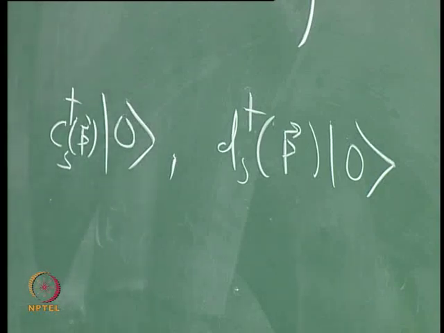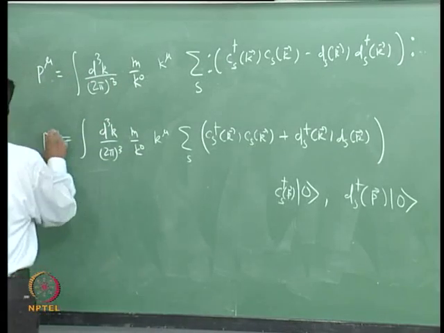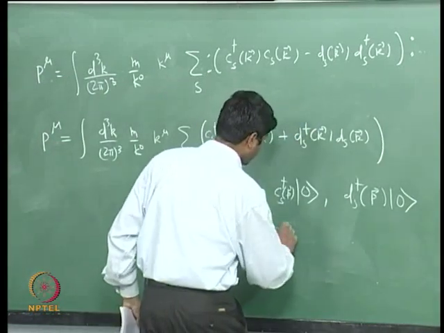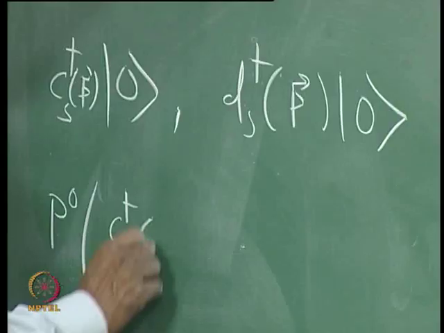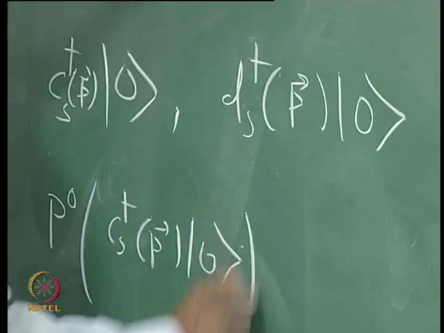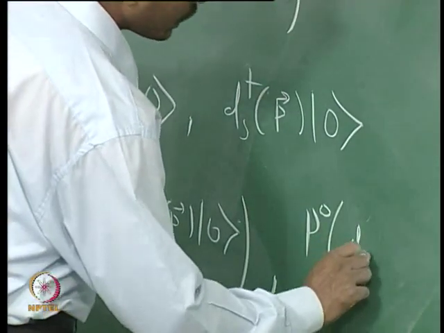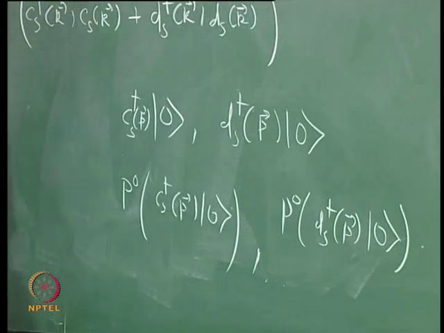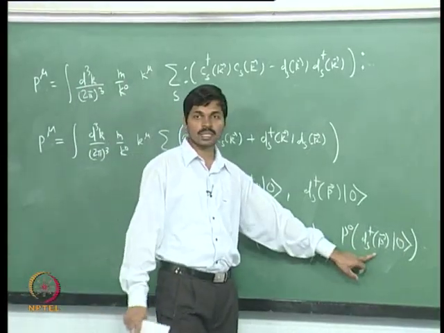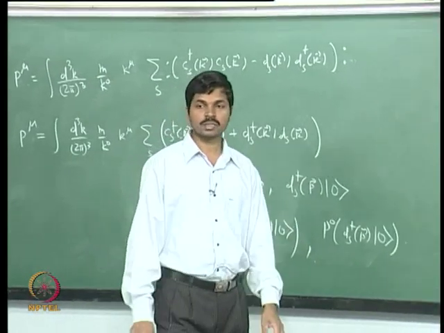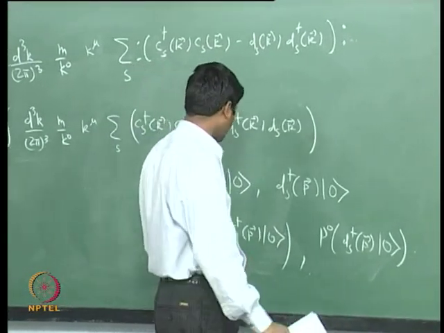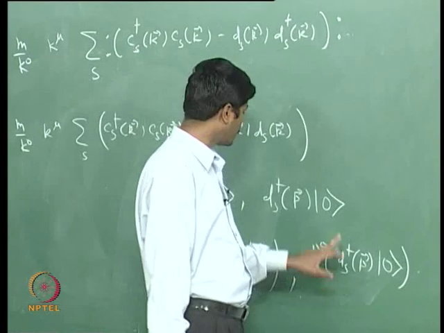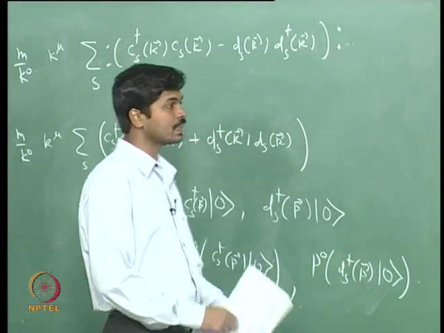You consider the p 0 acting on C_s dagger of p on vacuum, or p 0 acting on d_s dagger of p on vacuum. You can see that both types of these particles have positive energies. They are eigenstates of the energy operator and the eigenvalue is always positive. So these are not negative energy states.